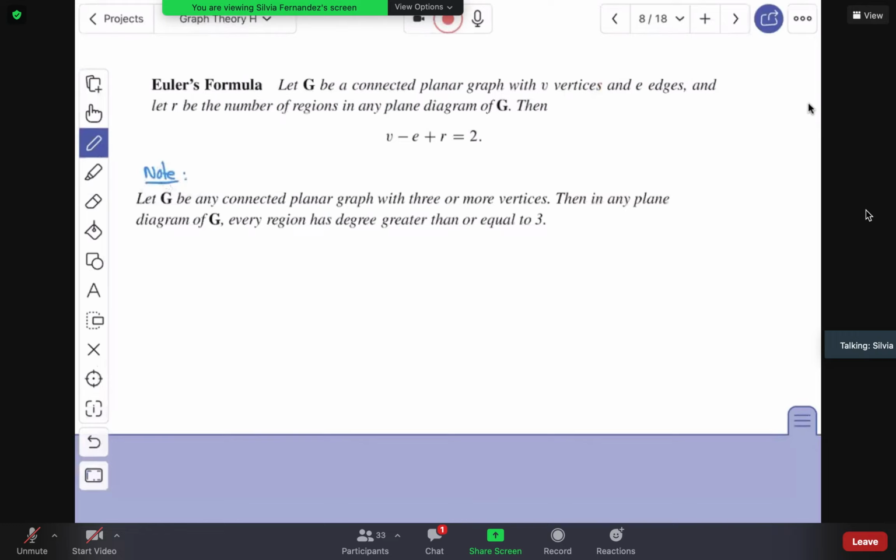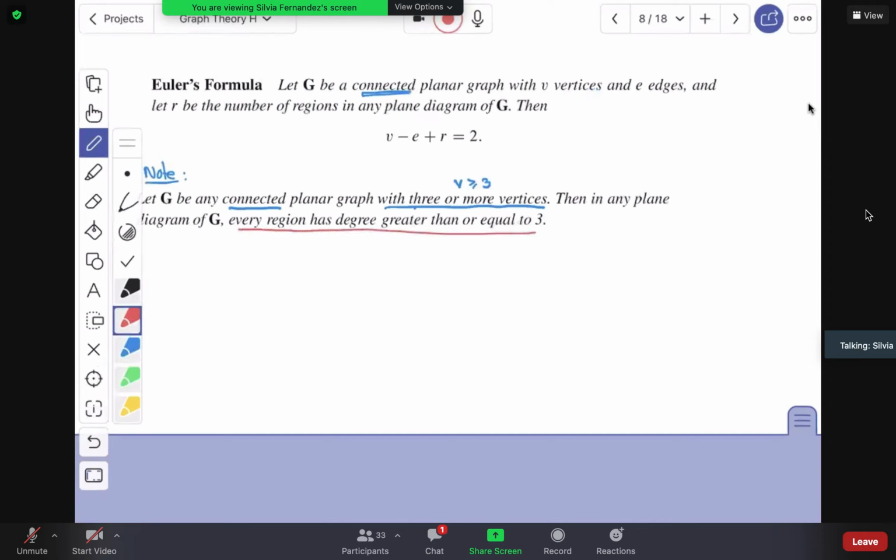If you have a graph that's connected, K5 is connected, with at least 3 vertices, then any plane drawing satisfies that every region has degree greater than or equal to 3. It has to be connected. Euler's formula is actually for a connected planar graph.